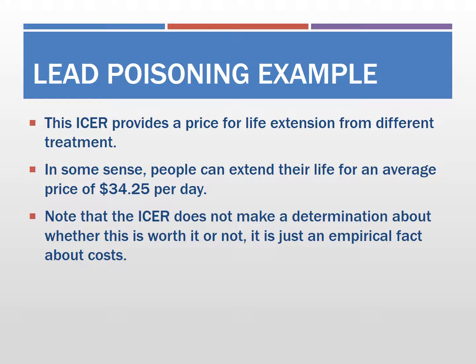However, it provides us a very clear cost for people choosing between the two treatments to decide whether it's worth getting the more expensive one. So in this case, if the patient who has HIV is willing to pay an additional $34.25 to live 1 more day longer, this person will always choose treatment A over treatment B.